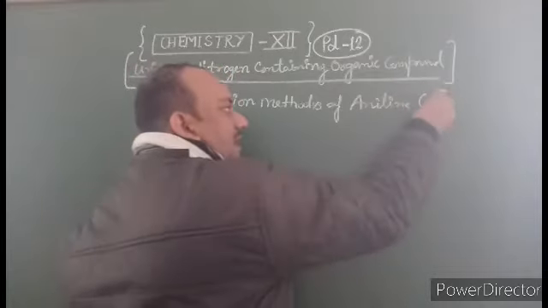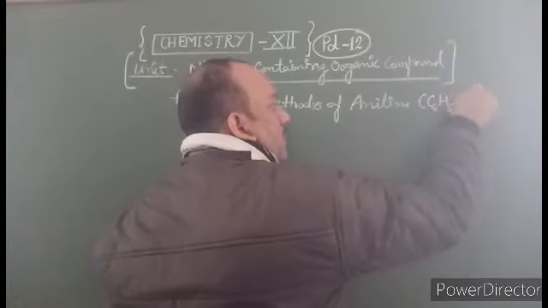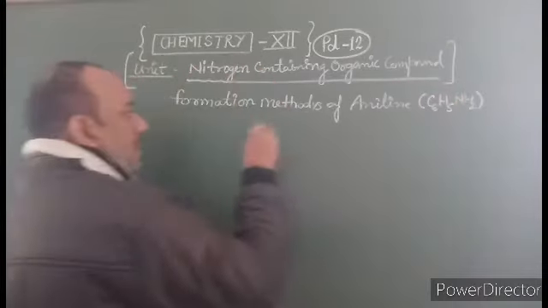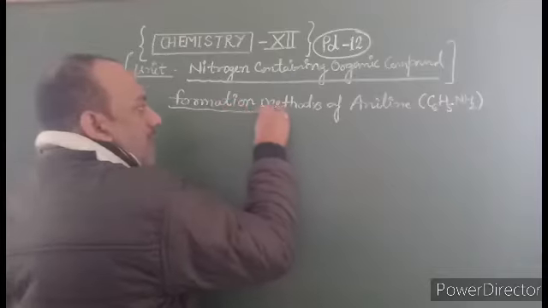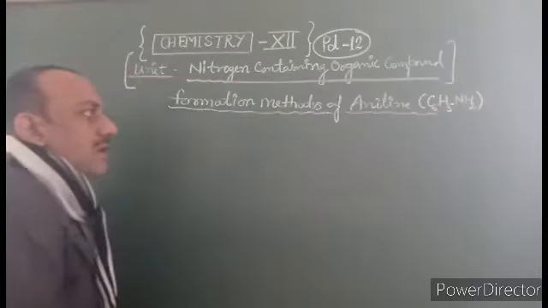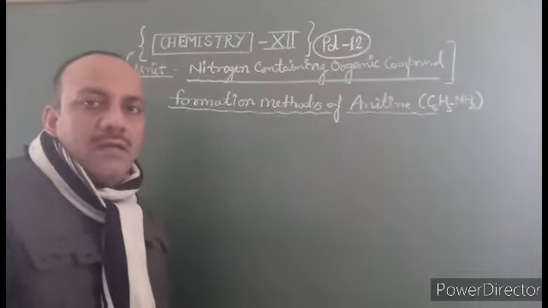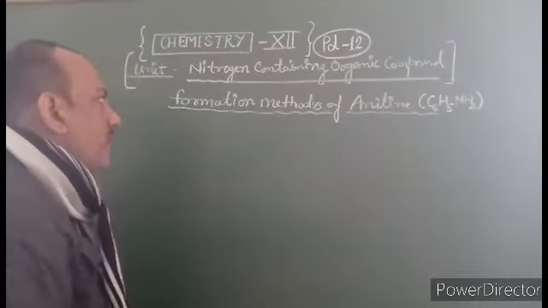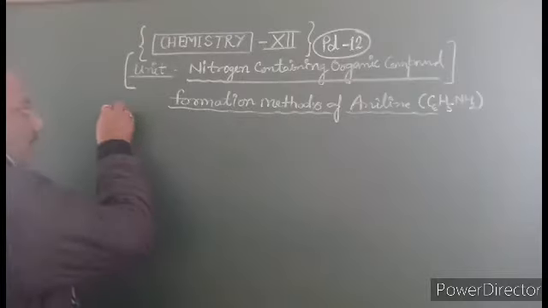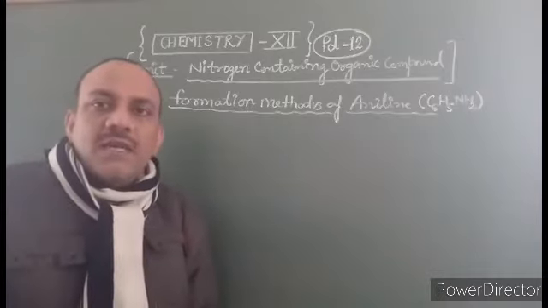The formula of aniline is C6H5NH2. It is an aromatic amine. In the previous class we studied their lab method. Today we are going to study the formation methods of aniline with the help of chemical reactions.